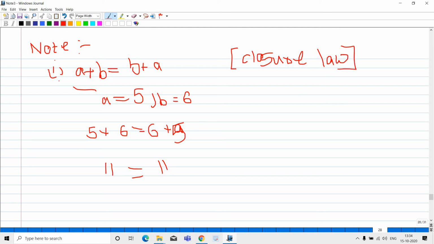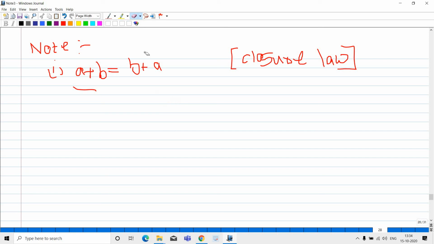And in this note, we have written an example. So now I'm writing another law also.